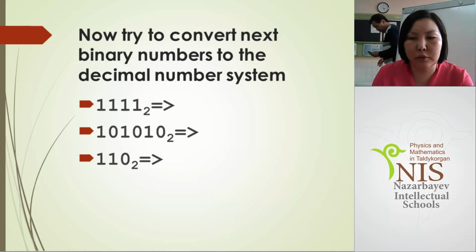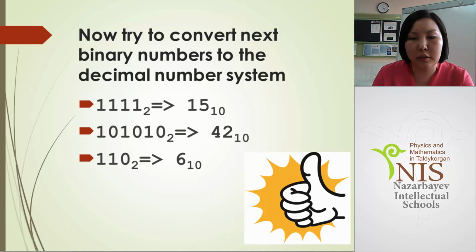After this, all the products have to be summed together. If you have finished trying this, now just look at the results. Here are the results. The first number was 15 in decimal system, the second number was 42 in decimal, and the third one is just 6.